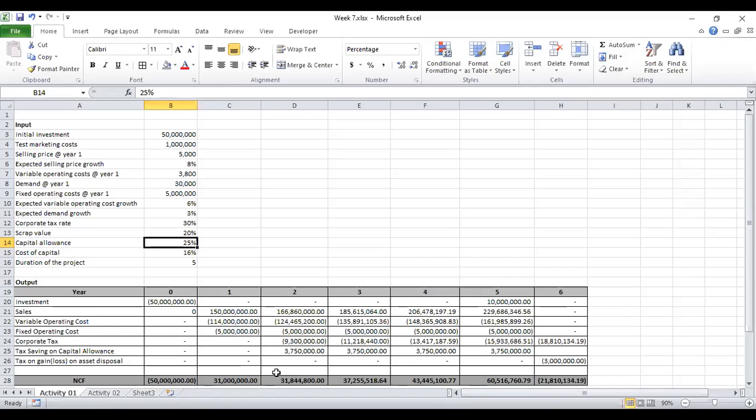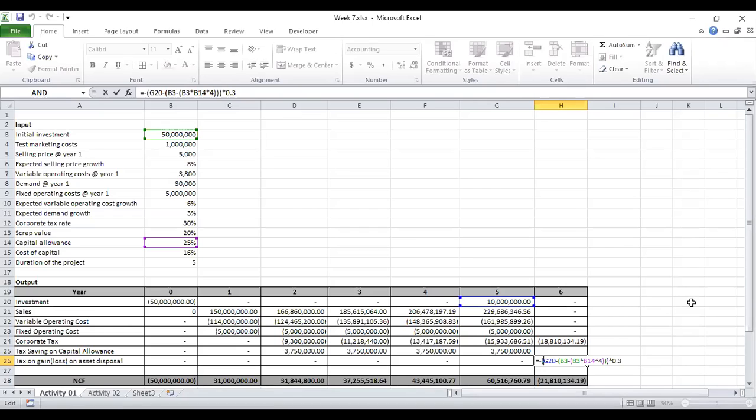Then another important thing is the tax on gain on asset disposal, or sometimes tax saving on the loss on asset disposal. Here, the question says that at the end of the project, you are disposing this particular asset for a value. It is in fact the scrap value.